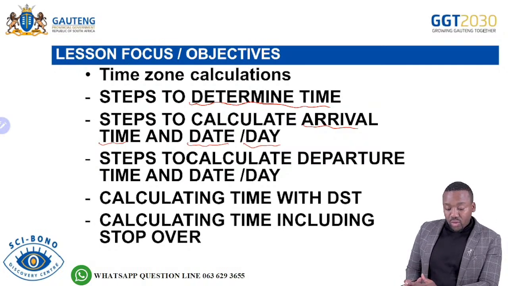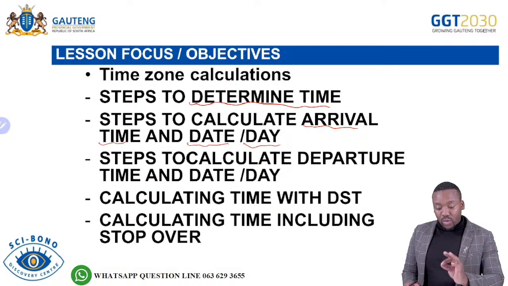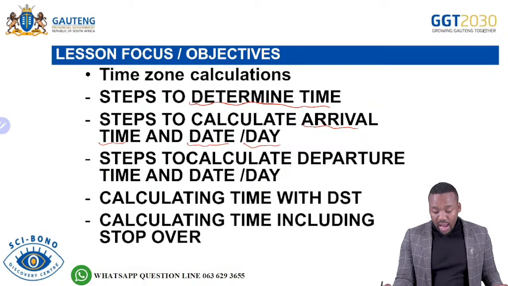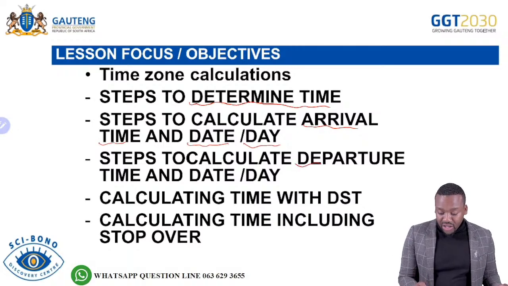So I'm first going to teach you steps on how to determine time, then steps how to calculate arrival time, and arrival time and date or day. Then we'll move to steps to calculate departure time. Again, on departure time, I'm also going to teach you how to calculate departure time, including a date and a day.